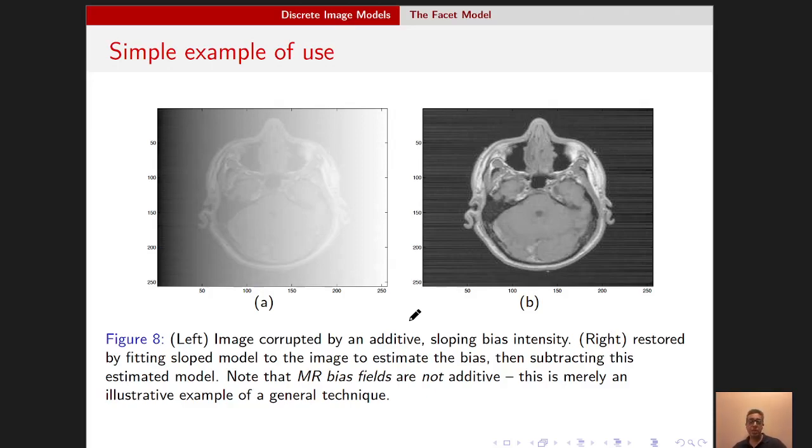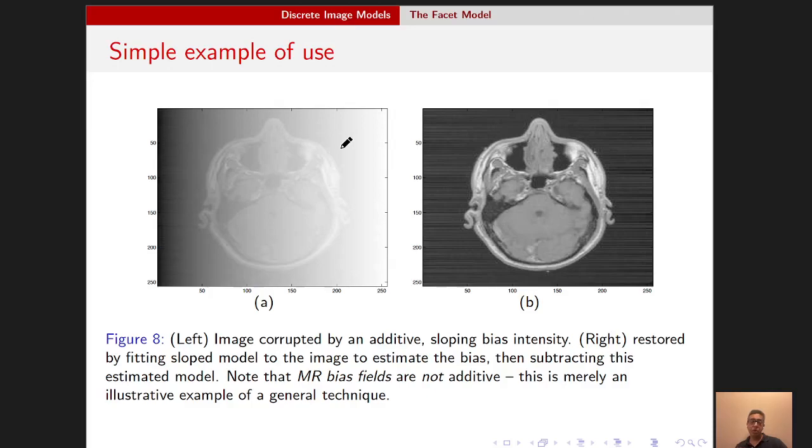It's a very artificial example, I must say, of using the linear facet model. And so what you can see here is that this is an additive intensity change that's applied to this single slice MRI image.